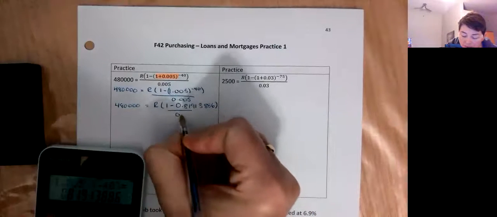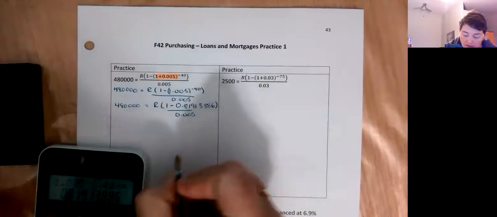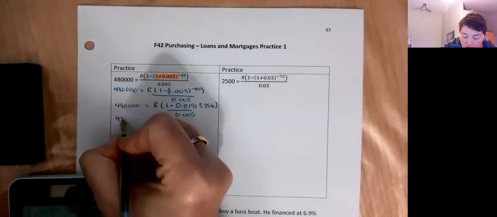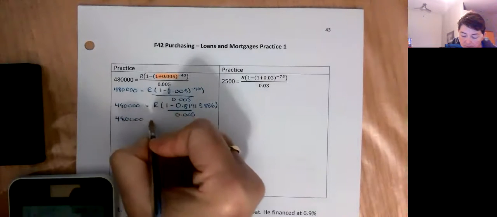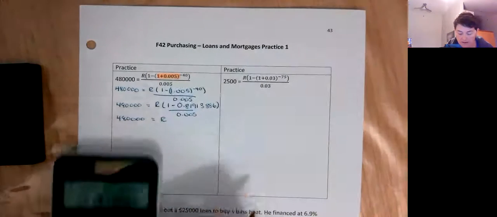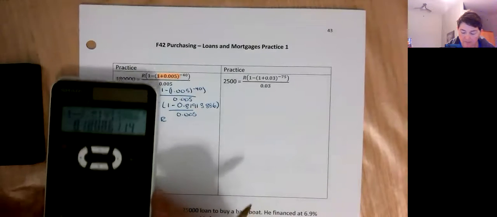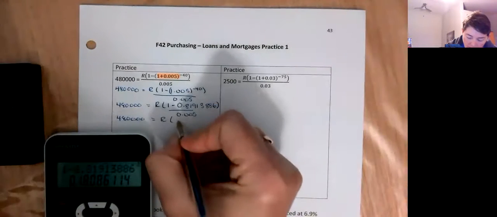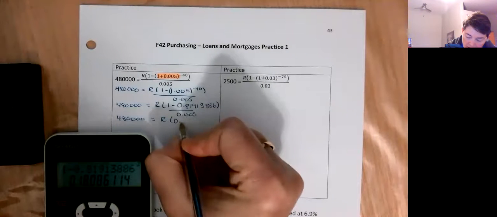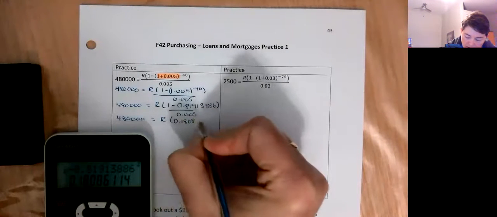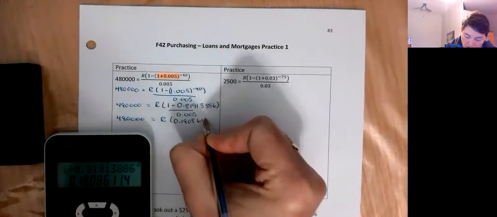Divided by 0.005. So 480,000 is equal to R. And I'm going to go 1 minus 0.8191386. So 0.1808614.